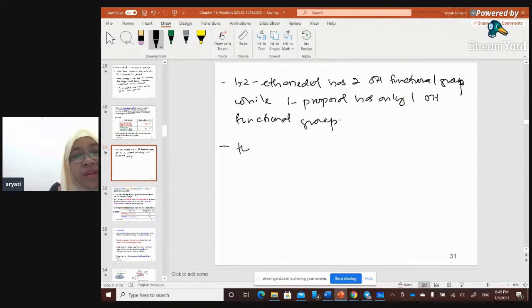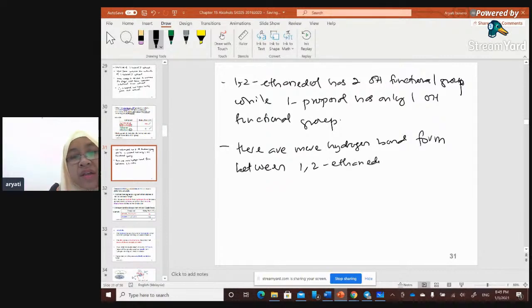So there are more hydrogen bonds formed between 1,2-ethanediol than 1-propanol. So therefore, kalau dia ada more hydrogen bond, we can say 1,2-ethanediol has 2 OH functional groups.